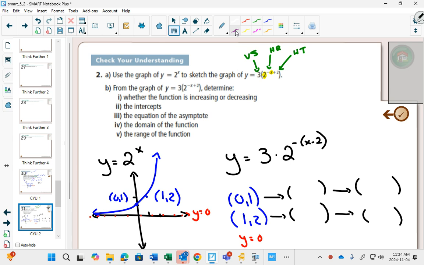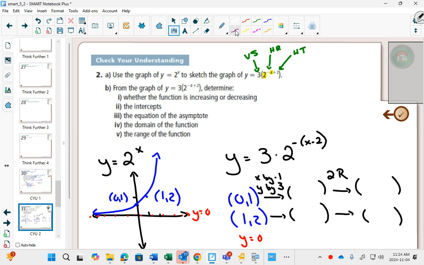So we have a stretch here: this is y by 3, and this is x. I'm going to write above here, I have to multiply my x by negative 1 and multiply my y by 3. Then the only translation is that we have to go 2 to the right.